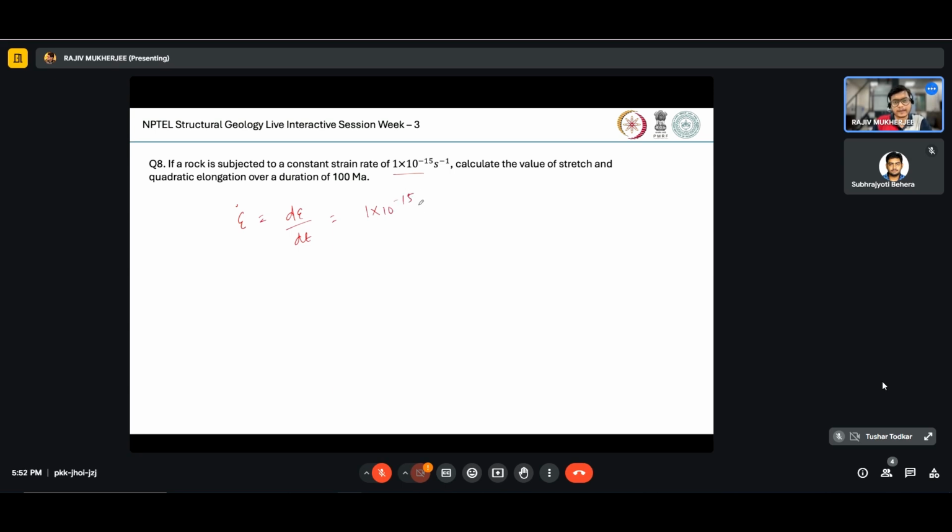So total strain or elongation e is equal to strain rate into time. So that is 1 into 10 to the power minus 15 per second into 100 million years.